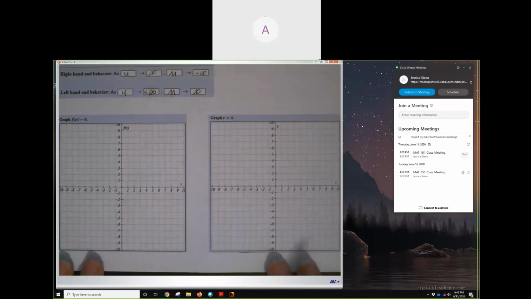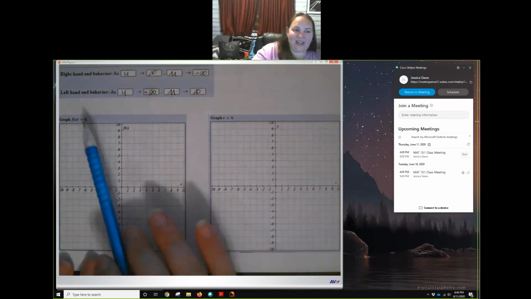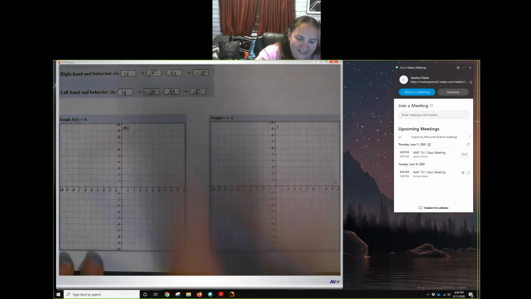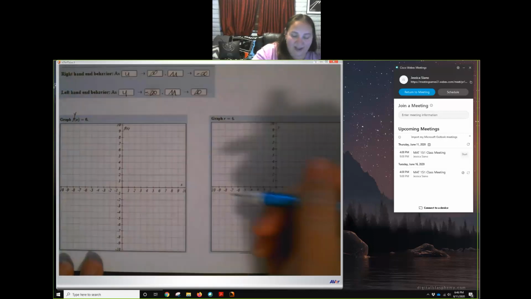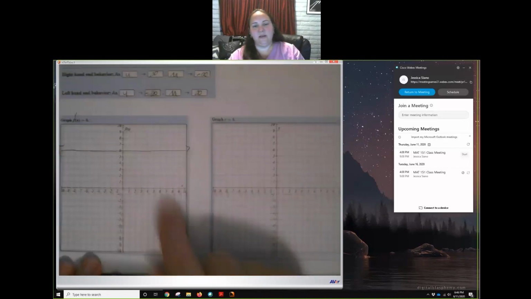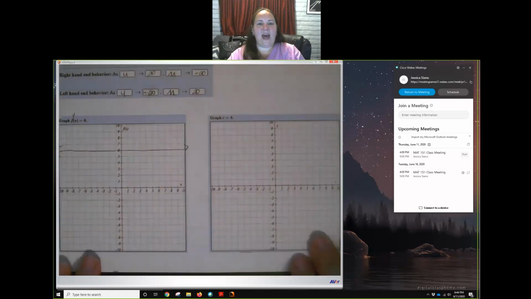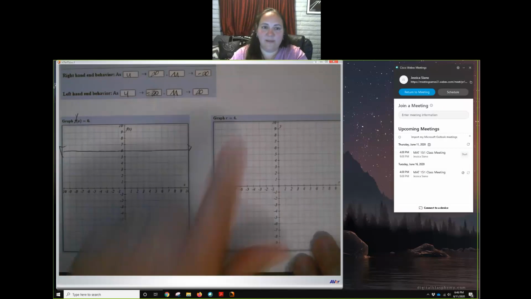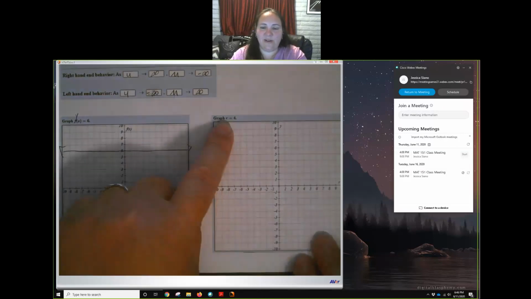Okay, so a reminder that if all you have is Y, remember f of x is the same as Y, then you have a horizontal line. So this is a horizontal line at y equals 6. If all you have is x or something other than function notation, then you have a vertical line.